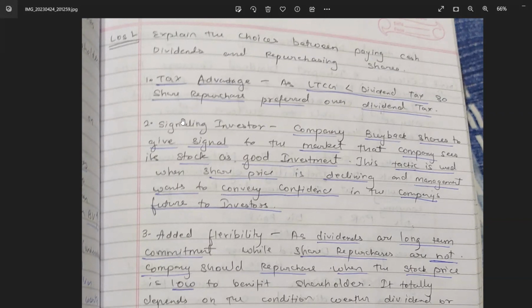The second is signaling. If the company wants to signal to investors that it is financially sound, buying back its own shares gives the signal that the company is so strong in its fundamentals that it is buying its shares back. So it signals to the market that the company sees its stock as a good investment. This tactic is used when share prices are declining and management wants to convey confidence in the company's future to investors.